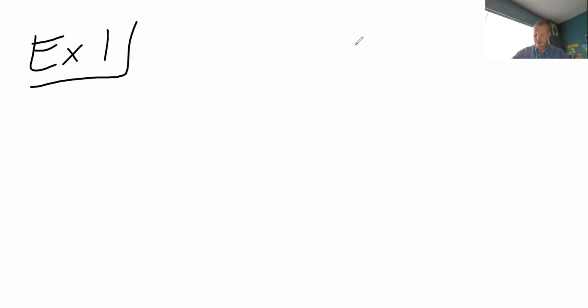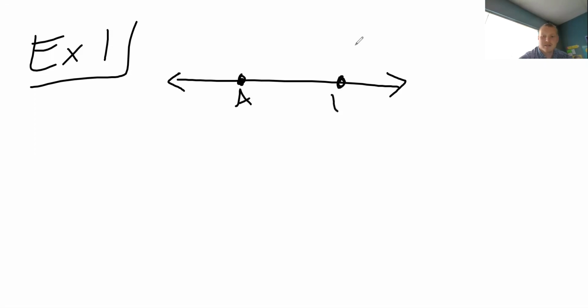Use the symbols to name a line, 2 rays, and a segment in the figure at the right. Okay, so what that means, we have a line with 2 arrows on it. We have A and B plotted on this line. First off, we need to name a line.